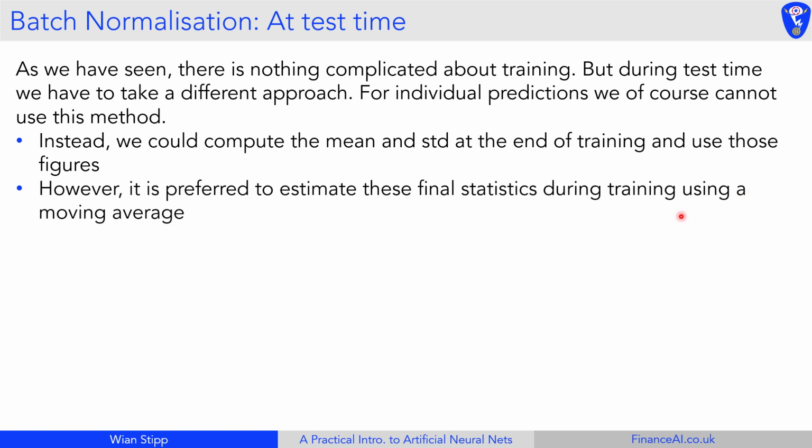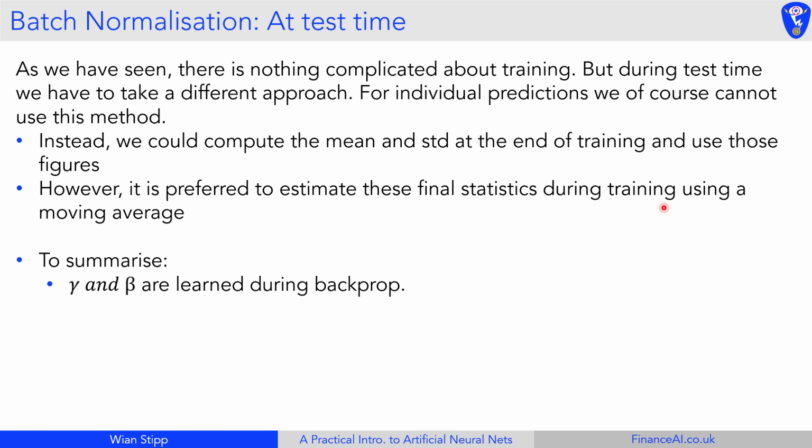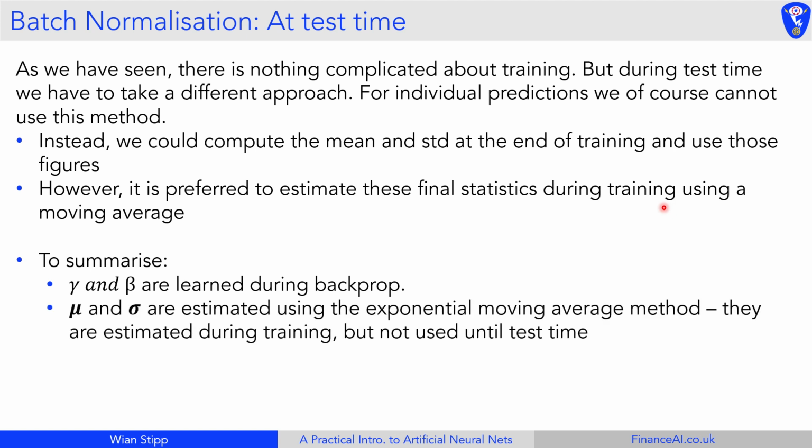So it's actually preferred to use a moving average to compute the sample mean and sample standard deviation. And so to summarize, gamma and beta are learned during backpropagation, and mu and sigma are estimated using the exponential moving average, and they're estimated during training, but they're not used until test time.